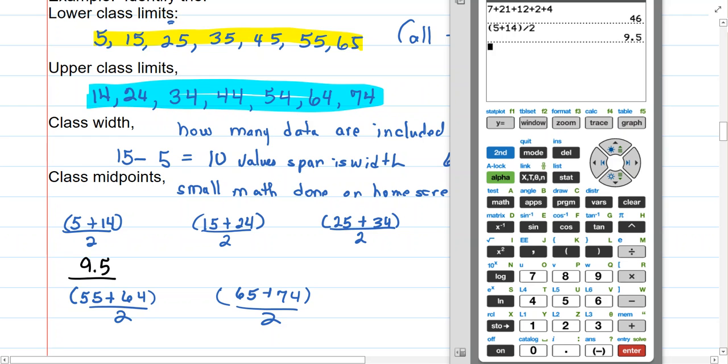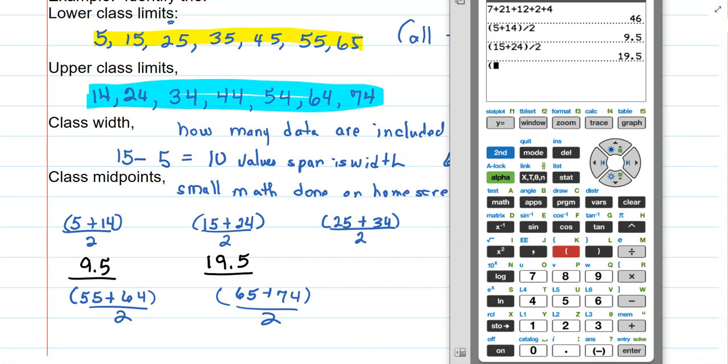And I'm going to do open parenthesis, 15 plus 24 divided by 2. Now I'm going to do the next one. Open parenthesis, 25 plus the 34 divided by 2.